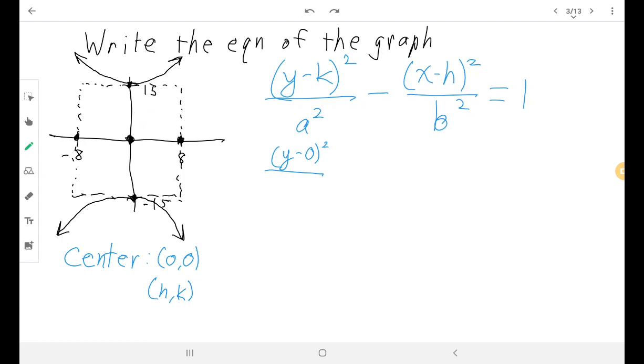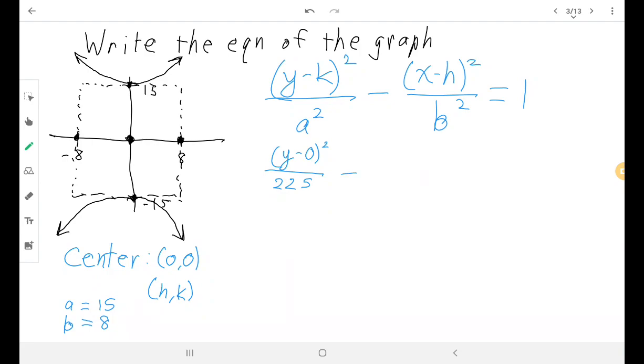All right, so then what is a? A, as you can probably see, is 15. What is b? B, you can probably see, is 8. And so 15 squared, that's 15 times 15, that turns out to be 225.